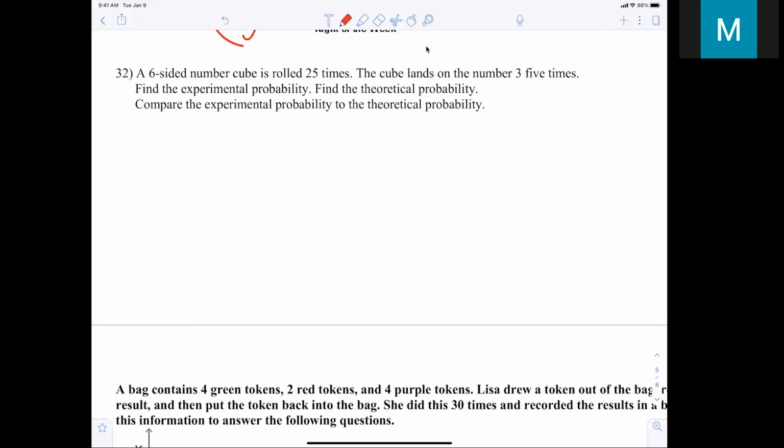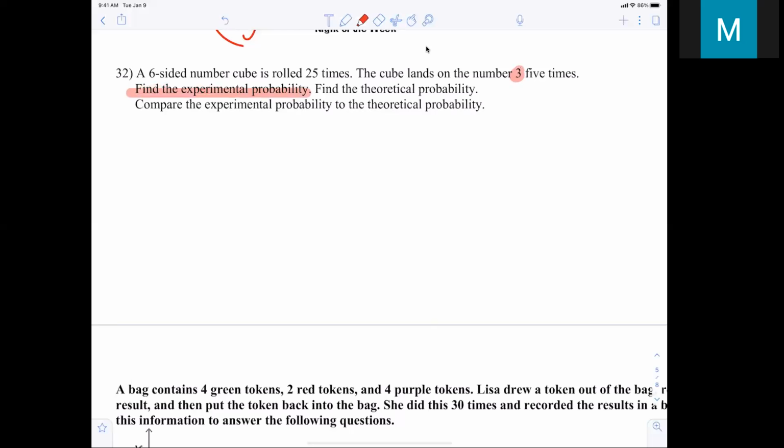You don't need your calculator for this one. It's too easy. All right, then you can look at it. So let's start out with, what's the experimental probability of getting a 3? I'm sorry, the cube lands on the number 3.